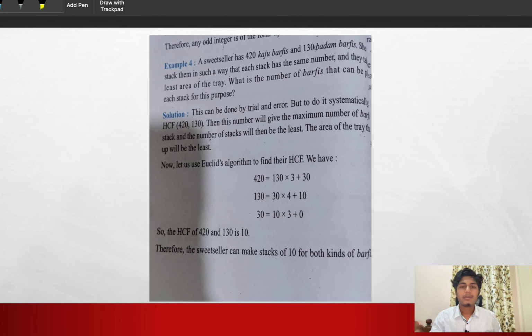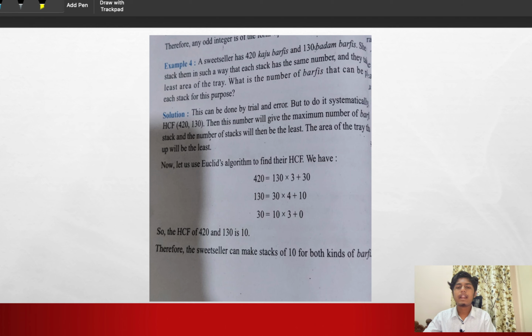So let's solve one more example. A sweet seller has 420 Kaju Barfis and 130 Badam Barfis. She stacked them in such a way that each stack has the same number, and they take least area of the tray. What is the number of Barfis that can be placed in each stack for this purpose?